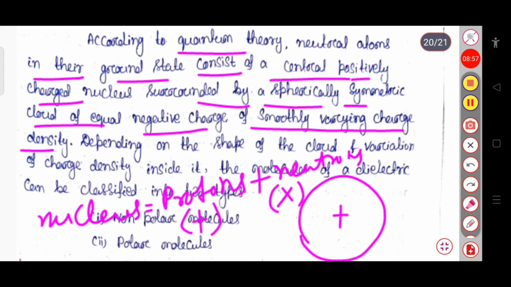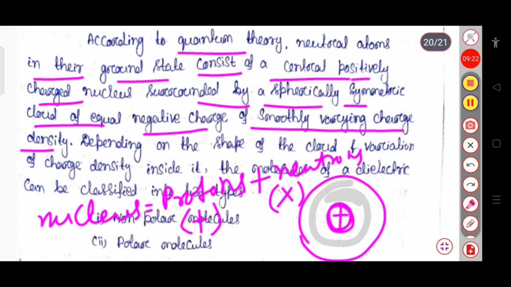Hence we can say that the nucleus has positive charge, and this nucleus lies at the center of the atom. This is my nucleus, and the electrons orbiting around the nucleus are surrounding it as a spherically symmetric cloud.